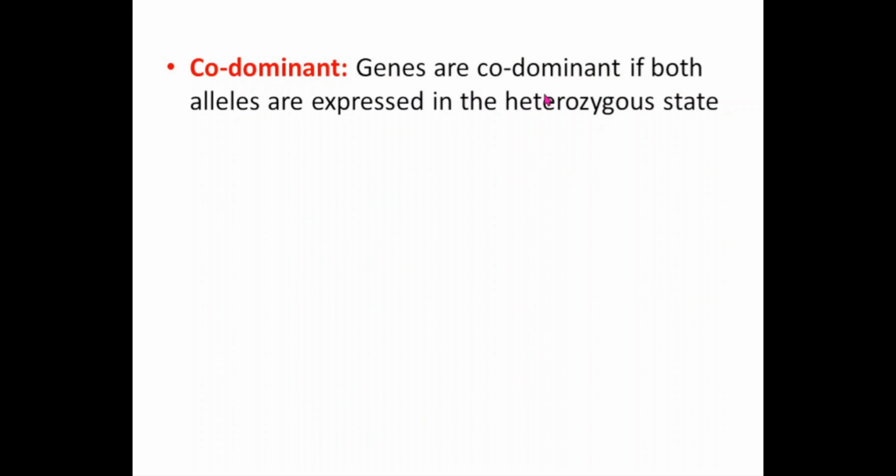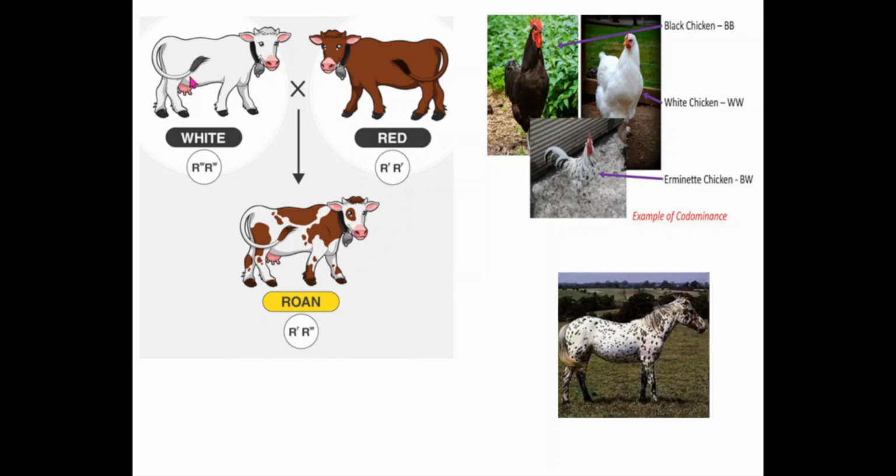Codominant: genes are codominant if both alleles are expressed in the heterozygous state. From its name, co means together. Okay? Both will be expressed. For example, this is a very important example of codominance. This one is a white cow, this one is a red cow. Then the redness and the whiteness will be expressed in the next generation.